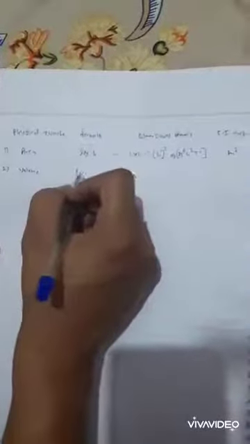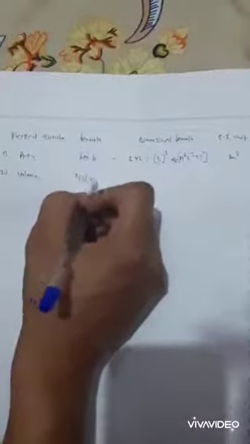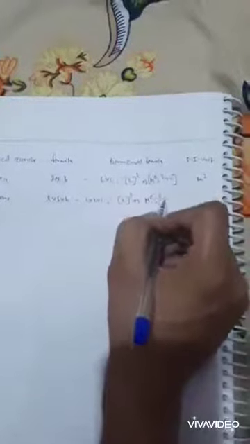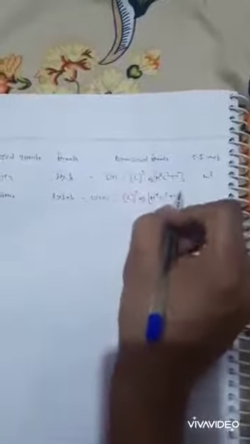If we talk about volume, the formula of volume, length into breadth into height, so it will be L into L into L. Therefore L cube, and the dimensional formula for this is M0, L3 and T0, and SI unit is meter cube.